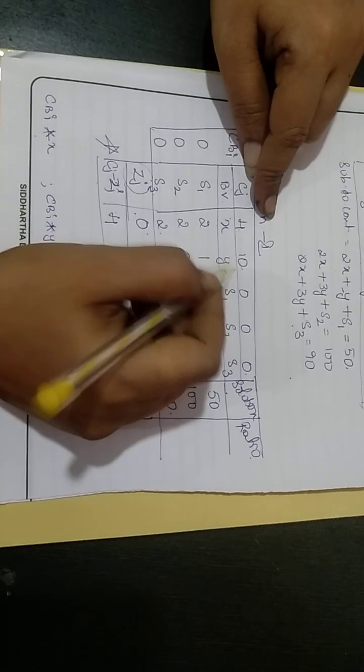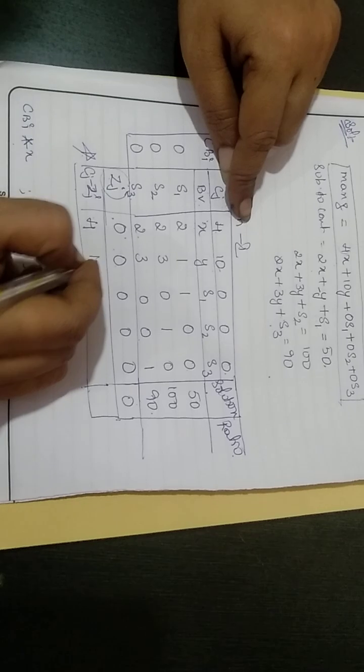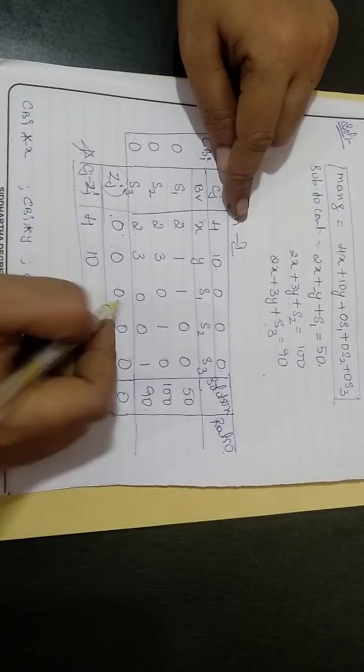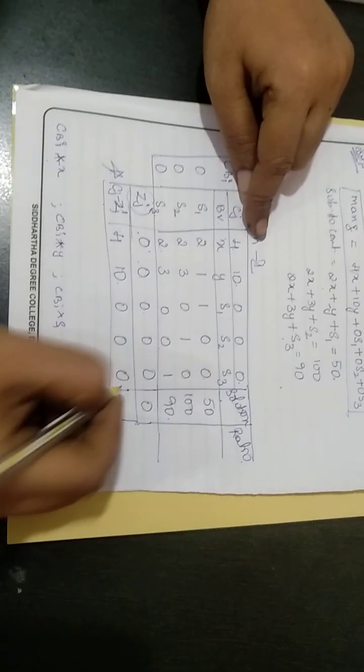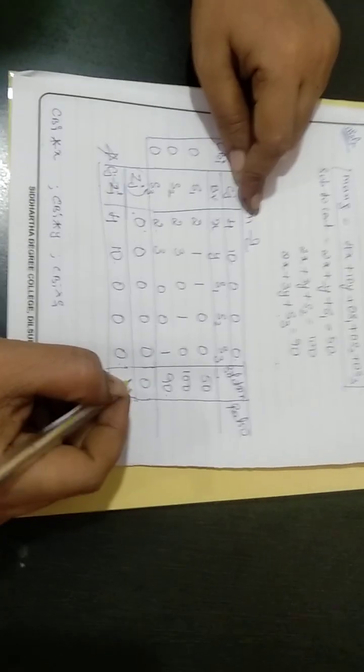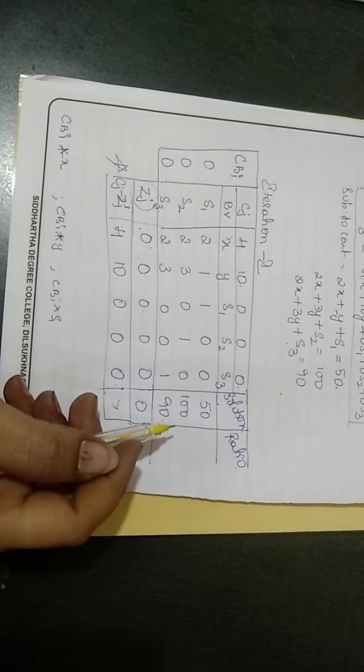Then Cj is 10 minus Zj, which is 0, so 10 minus 0 is equal to 10. 0 minus 0 is 0. 0 minus 0 is equal to 0. Here also it is going to be 0, so I need not find further. This is how I have done it.